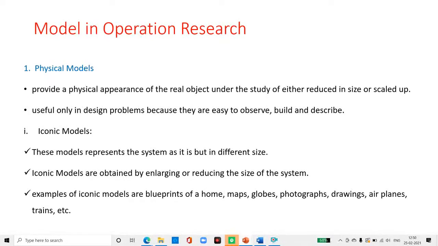The physical model provides the physical appearance of the real object under study, either reduced in size or scaled up.